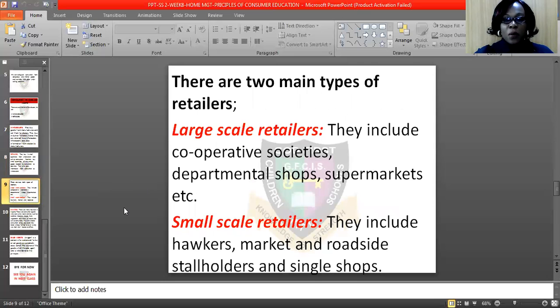Let's quickly go down. There are two main types of retailers. We have large scale retailers and small scale retailers. Now, these large scale retailers include cooperative societies, departmental shops, supermarkets, and so on. They are large scale because supermarkets buy in larger quantity than the ones selling in nearby shops in our various vicinities. Do you understand?